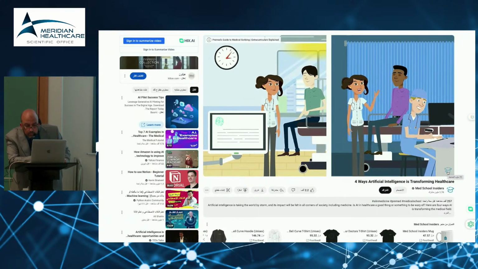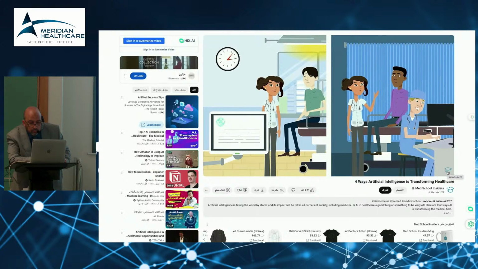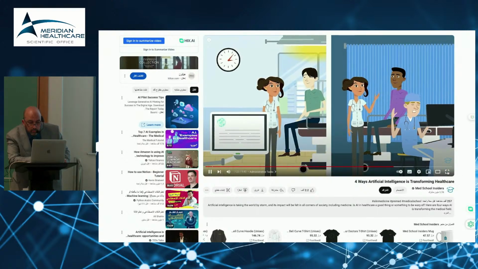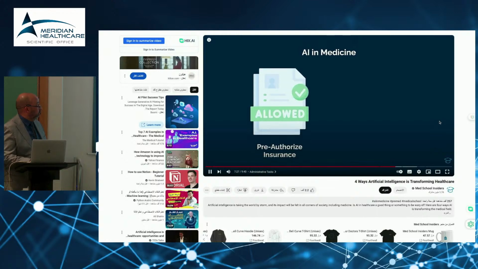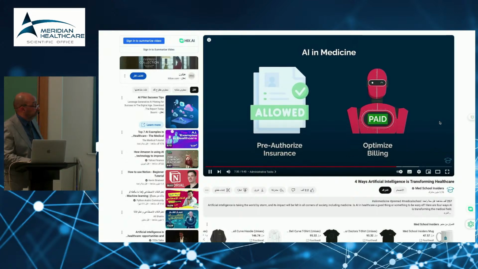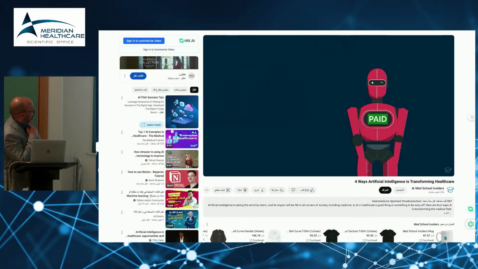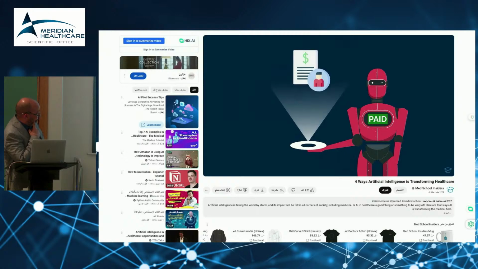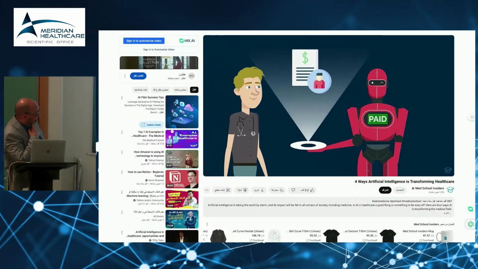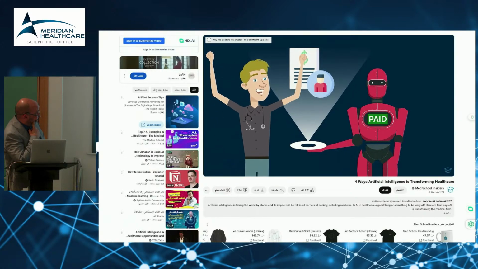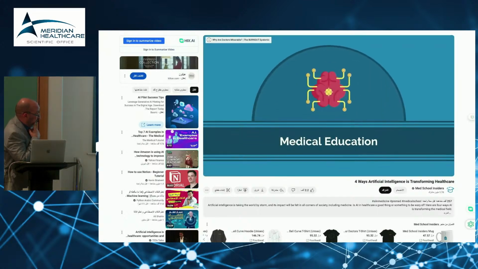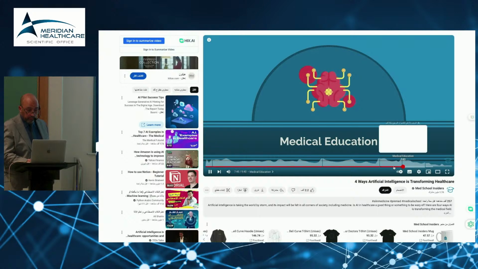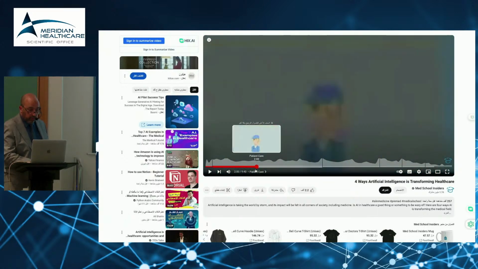As opposed to human scribes who are subject to human error, AI works instantly and immediately understands medical terminology. AI technology can pre-authorize insurance and optimize billing for physicians, since billing is reliant on accurate, consistent documentation. Reducing the burden of these tasks can help prevent physician burnout, a significant problem that leads to psychological distress for doctors and worse outcomes for patients. Lastly, AI is quickly being integrated into medical education at all levels of.